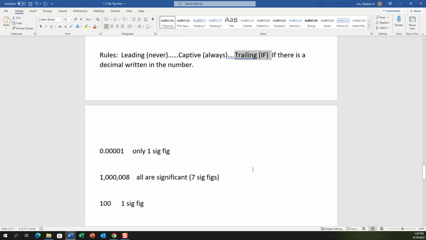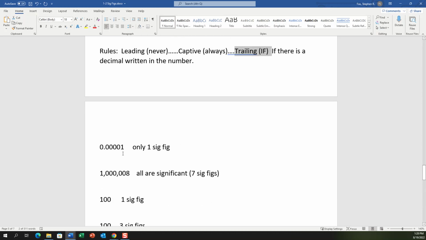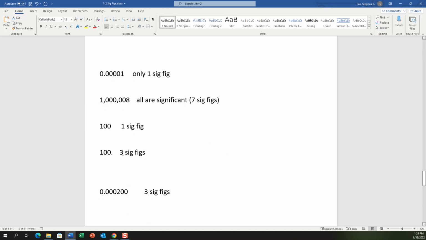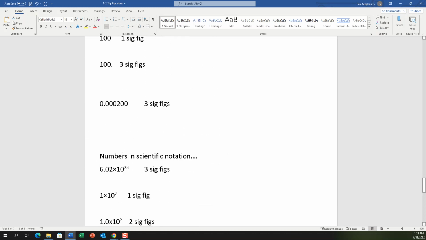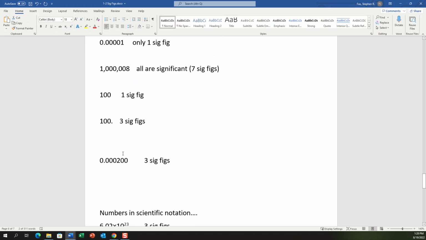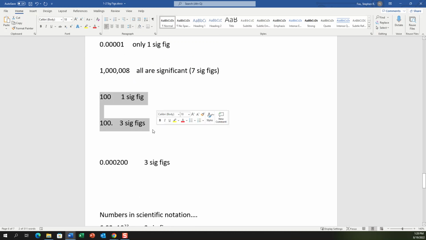So let me show you what I mean by that, right? Let me give you an example. Okay, so let's look at this. This is 100 and that's 100, right? No difference in the value of this number, 100. This number, 100. But this 100 written this way is 1 sig fig.